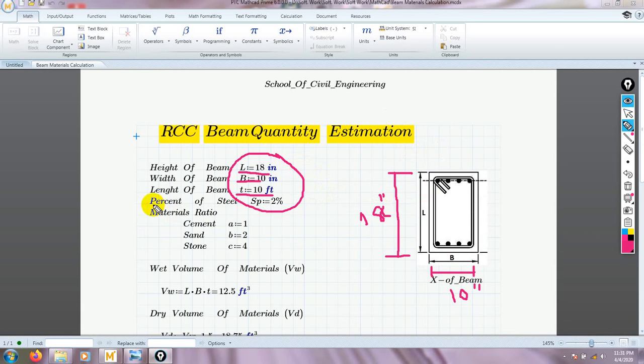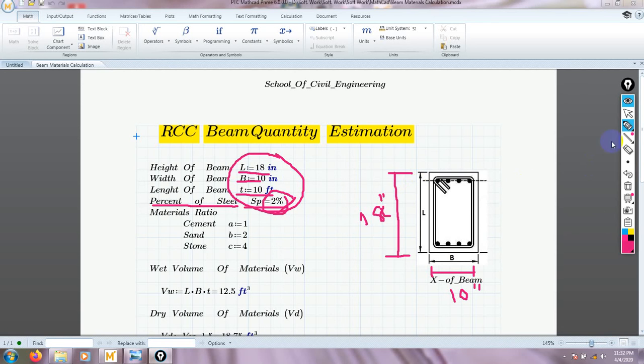And here the important thing is the percentage of steel, SP. We have considered that there is 2% steel available in our beam, and this percent represents the total volume. SP is 2% of total volume. Suppose we have a volume of 100 CFT, then our steel will be 2%.